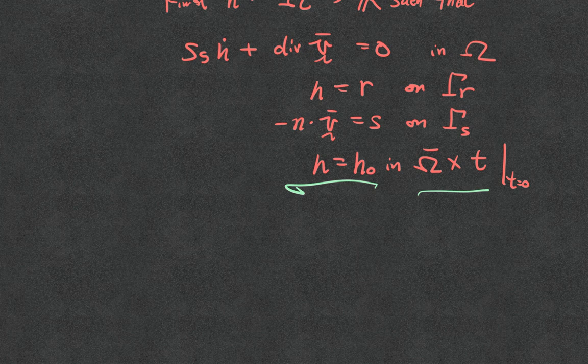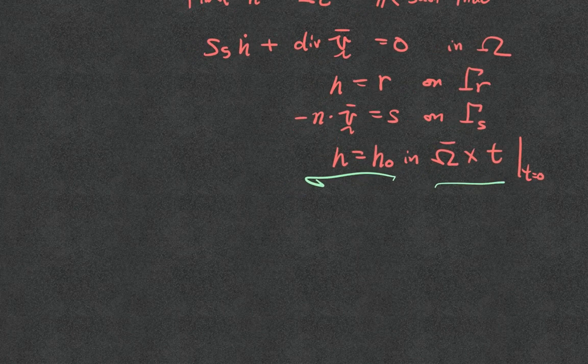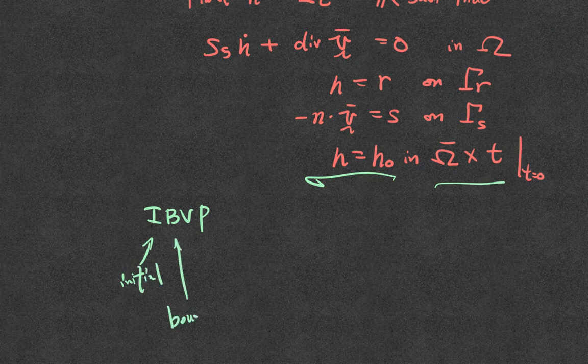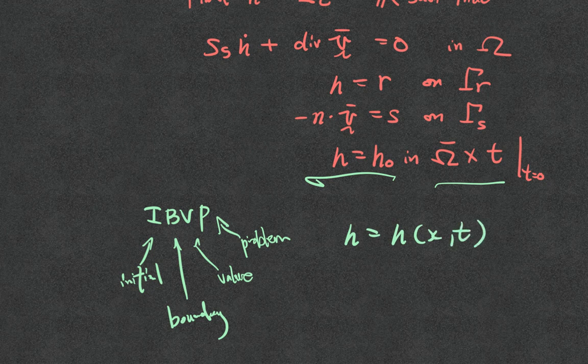So H starts with initial conditions, so it will be called IBVP, initial boundary value problem. Okay, H equals H(x, t). H is a function of space and time. That's what they mean. You're trying to solve for functions of space and time. Okay, so far so good.